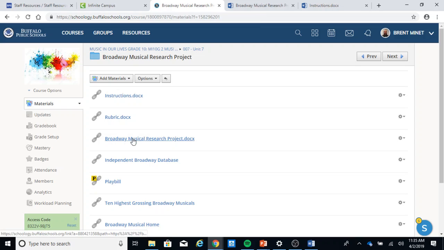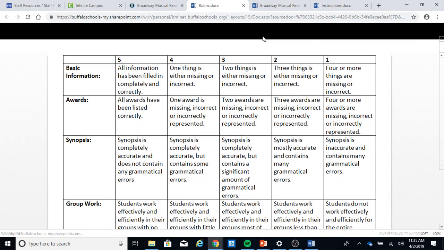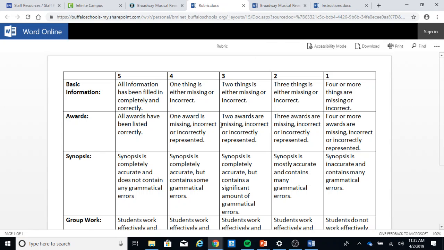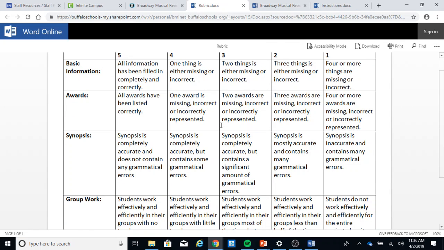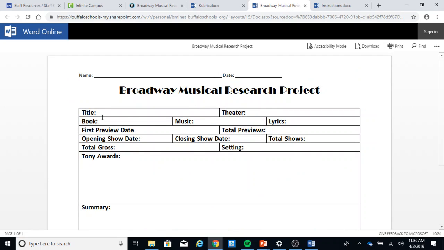Excellent. Let's take a look at the rubric. It's a basic rubric, guys. So basically the basic information. When we're talking about the basic information, we are talking about this stuff from title down to setting. Is everyone with me? That's the basic information.